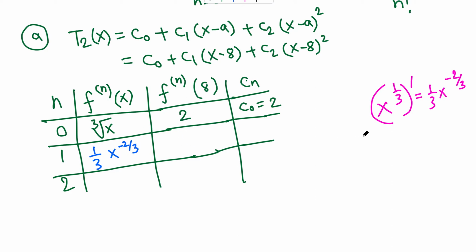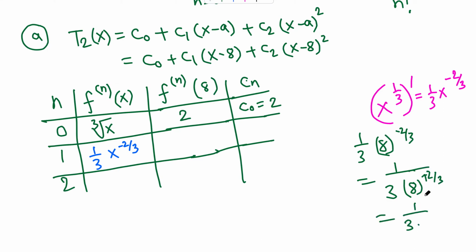Plug in 8 here: 1/3 times 8 raised to negative 2/3. Put it on the bottom because of the negative exponent, so 8 raised to 2/3 on the bottom, 1 over 3 times, use your calculator, it's 4. 4 times 3, 12. So 1 over 12. So C1 is 1 over 12 divided by 1 factorial, which is itself.